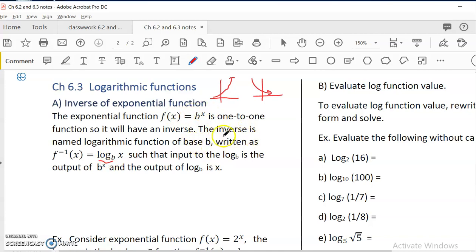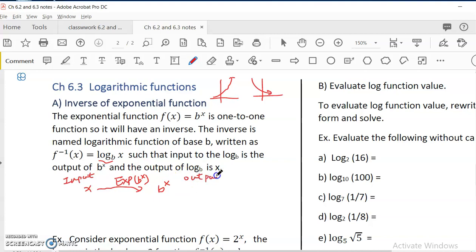Because it's an inverse, the input to the log is the output of b to the x, and the output of log base b is x. Namely, if I put an input x into the exponential function b to the x, my answer is b to the x. This is the input and this is the output.